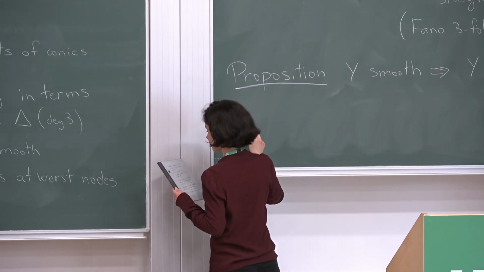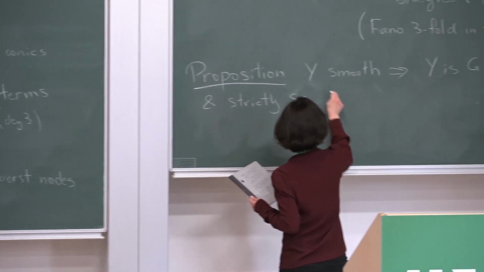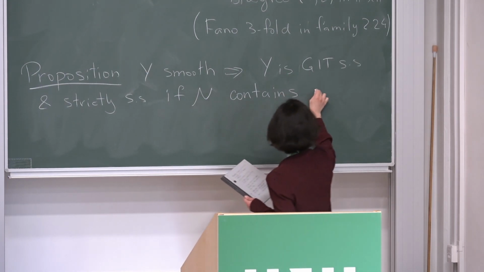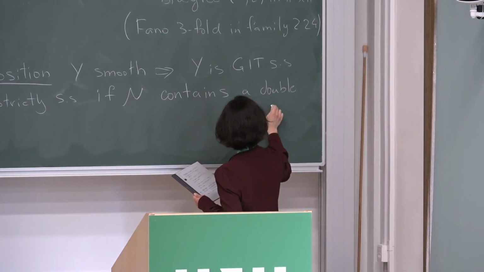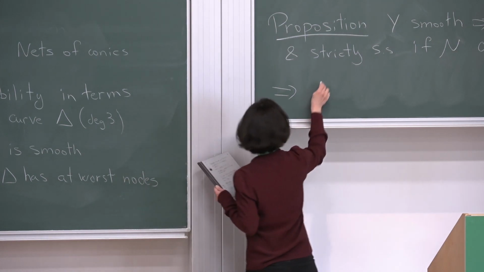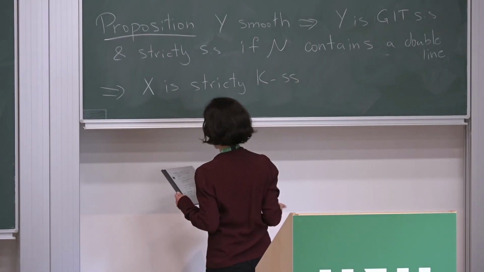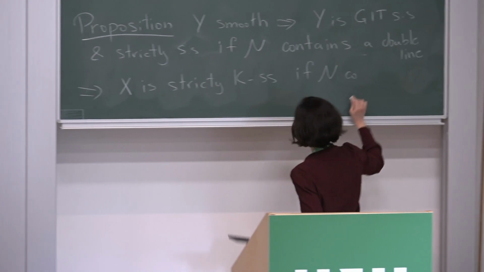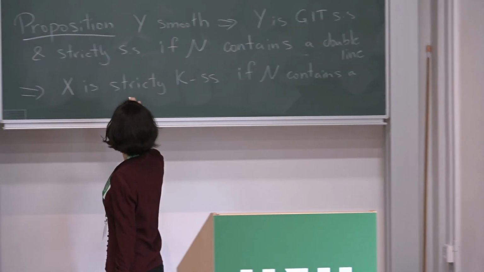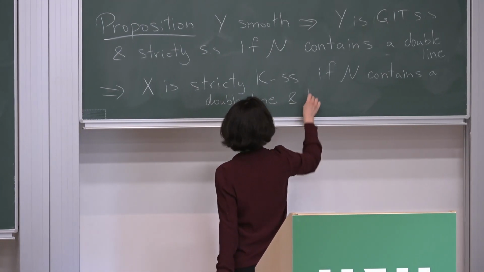It's more than that, but it's going to be strictly semi-stable if the corresponding net contains a double line. In particular, then you can show that X is strictly K-semi-stable if N contains a double line and it has no base points.